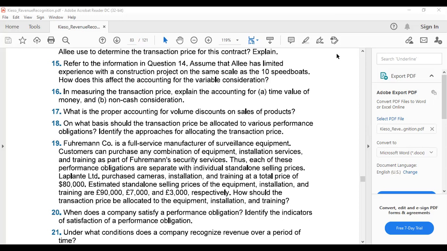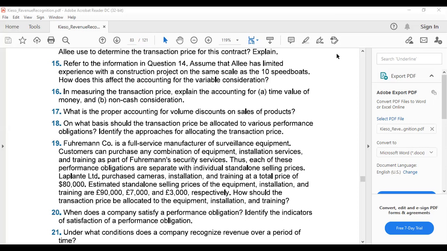Okay, give me the amount for the equipment. Give me the amount for the installation, training. Equipment is 90,000. What is the allocated transaction price, sir, for the equipment?